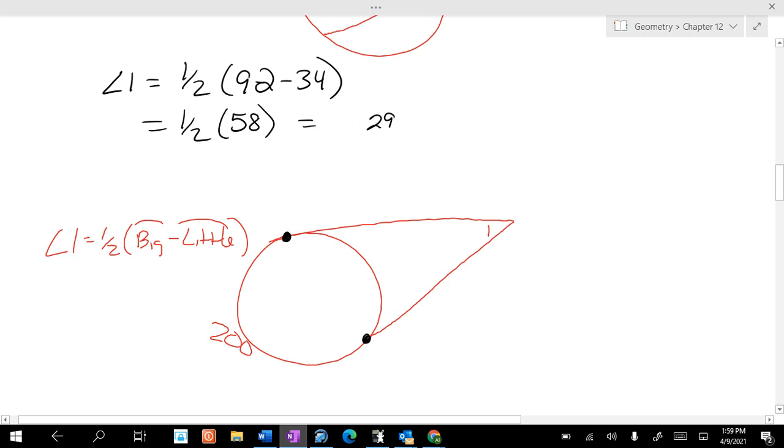Yeah, 360 minus 200. Because there's 360 degrees in a circle, 200 is a big part, 160 would be left for the little part. So it's 1/2 of the big minus the little. So 1/2 of 40 is 20.